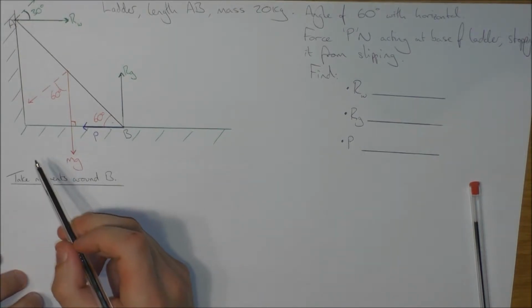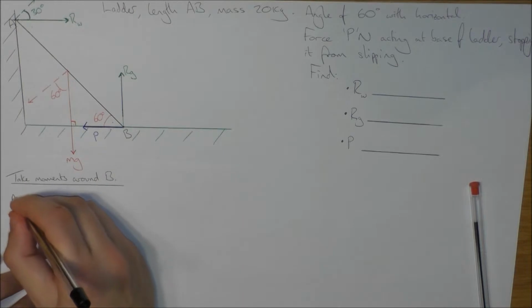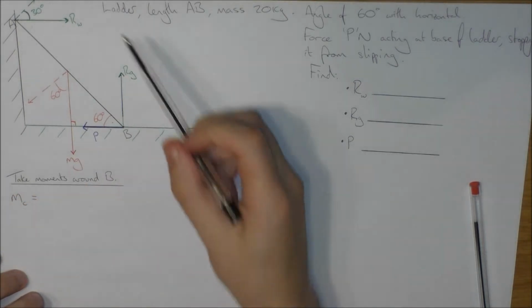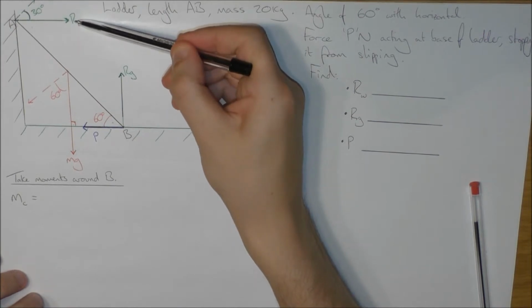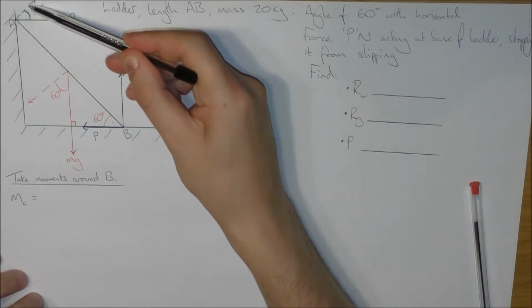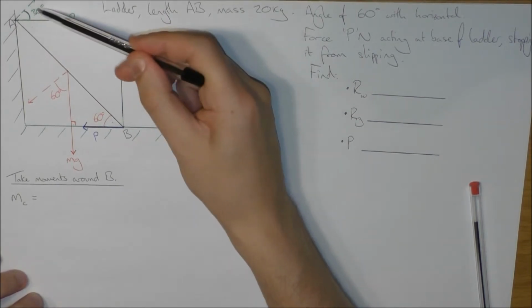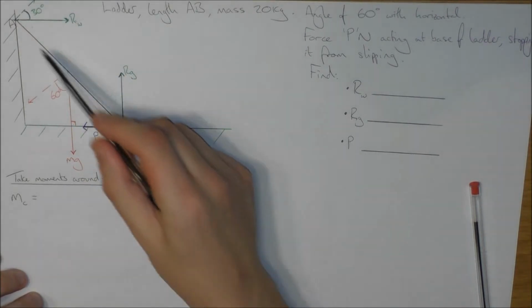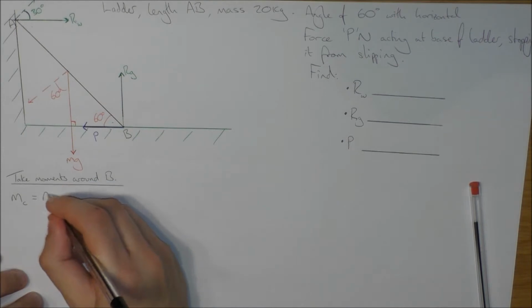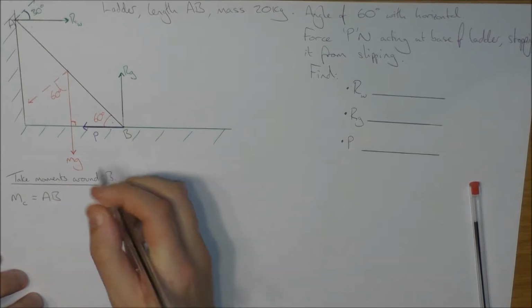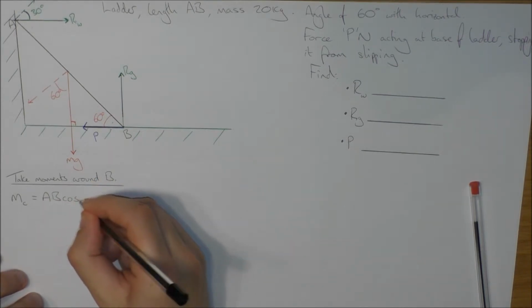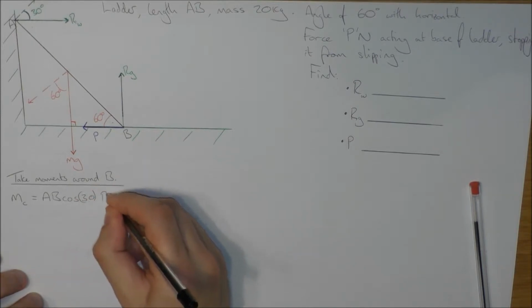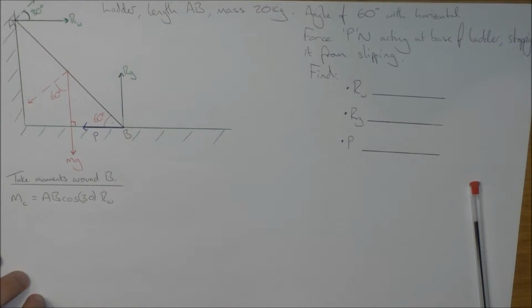And I can say that the clockwise moments are going to be equal to RW. I'm going through an angle here, so it's cos you go through the angle, RW cos 30. And I know that the distance that this thing acts over is the entire length of the ladder, which is AB. So I'm going to write that as AB cos 30 multiplied by RW.